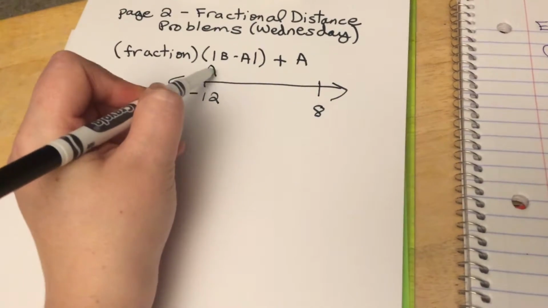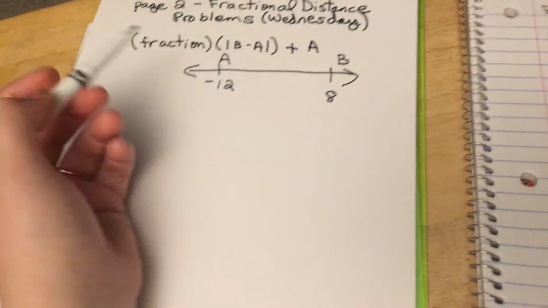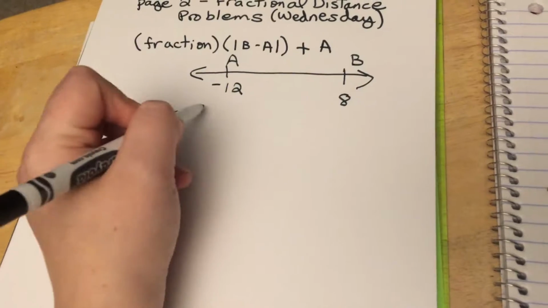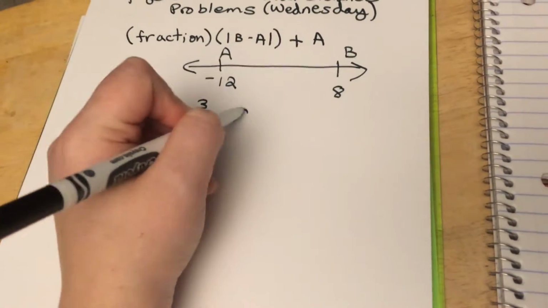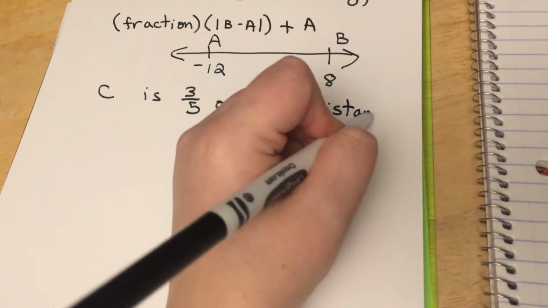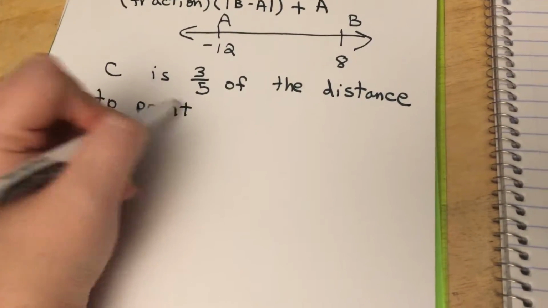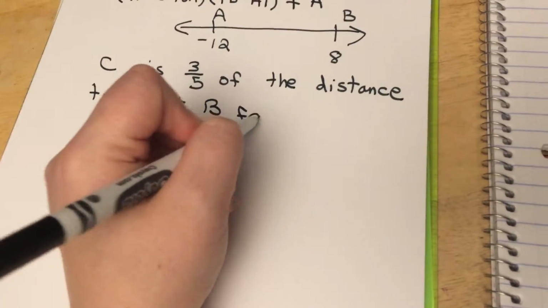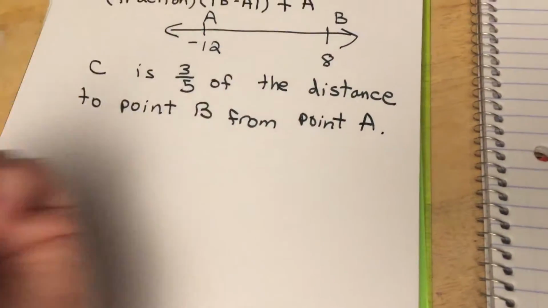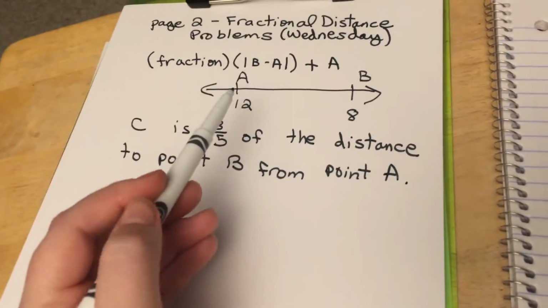Again, negative 12 is our A, and the number 8 is our B, and the question was, the value of C, point C, is 3/5 of the distance to point B from point A. Okay, remember we have to install our check question, which was, are we traveling from A?